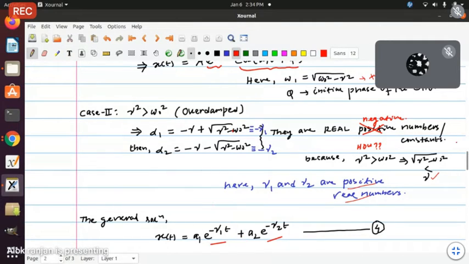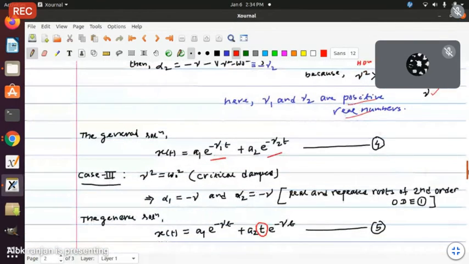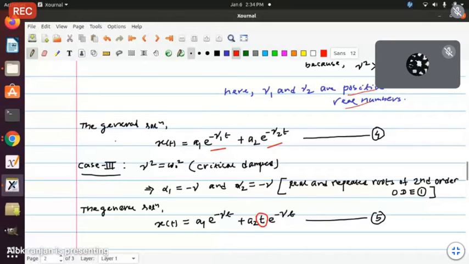Then the last case, which is trivial: what will happen when gamma square equals omega naught square? That situation is called critical damping. That means the term sitting under the square root is 0. In that case, alpha 1 is minus gamma and alpha 2 is equal to minus gamma. So alpha is minus gamma.